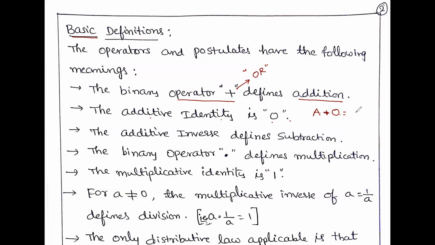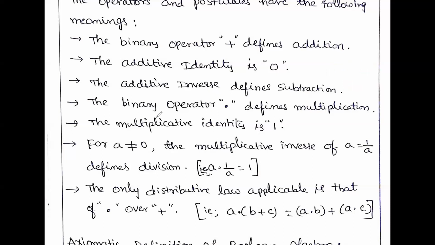A plus 0 means A itself. That means when we add any value to this identity, it doesn't change the value of the given number. That means 0 is the additive identity. The next one is additive inverse. Additive inverse means if A is added with the same negative value, then it becomes A minus A. This is nothing but subtraction.